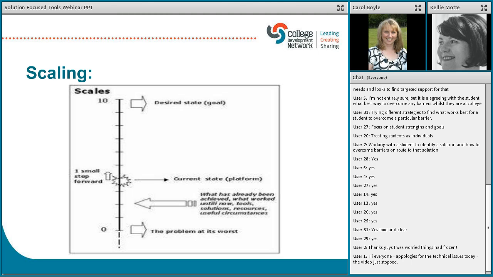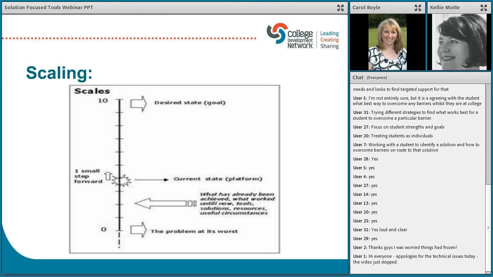So maybe they're at a 3. They might come back with very little. Well, I'm not coping and nobody helps me to cope. But if they've got themselves at 3, what is it that's stopping them from moving further down that scale? It's just another really clever, flexible way of trying to draw information out of that individual.